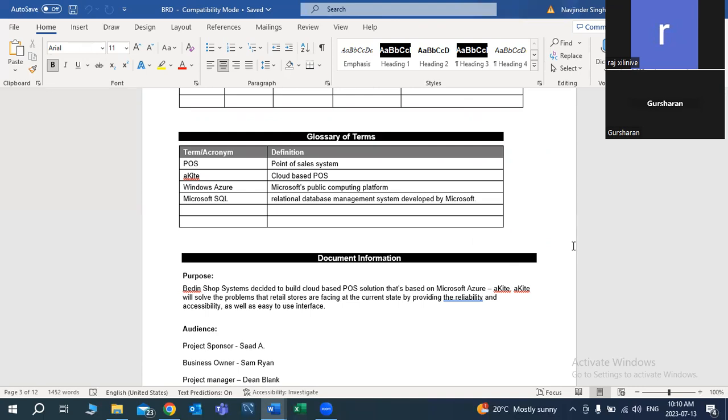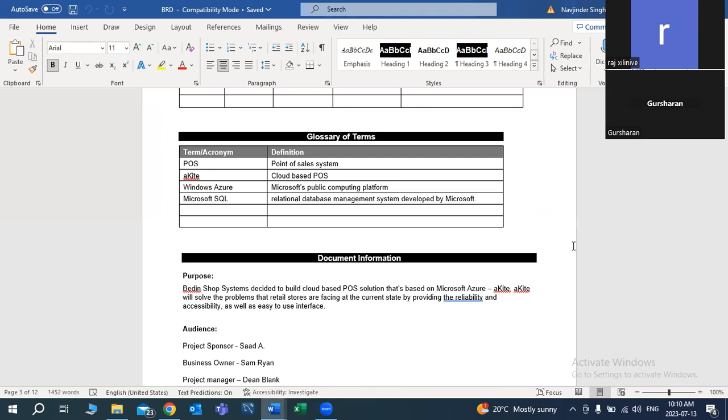Then we have used a term called Windows Azure, which is a cloud platform.